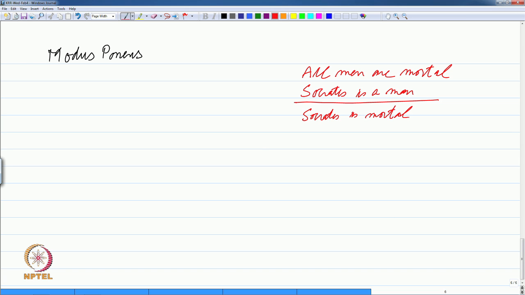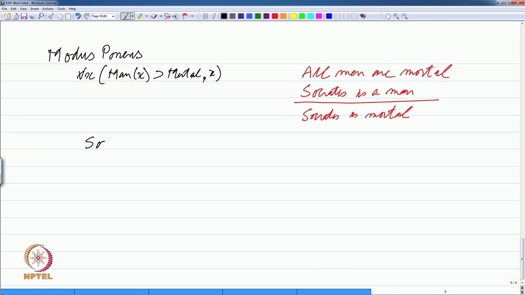So, from the semantics of the language, we know that this is indeed entailed. So, let us write this in first order logic. So, for all x, man x implies mortal x. And let me leave a little bit of a gap, because I need to make a couple of inferences.